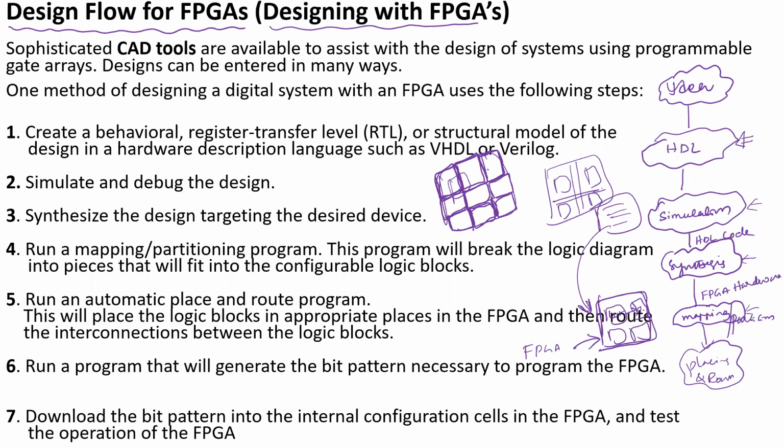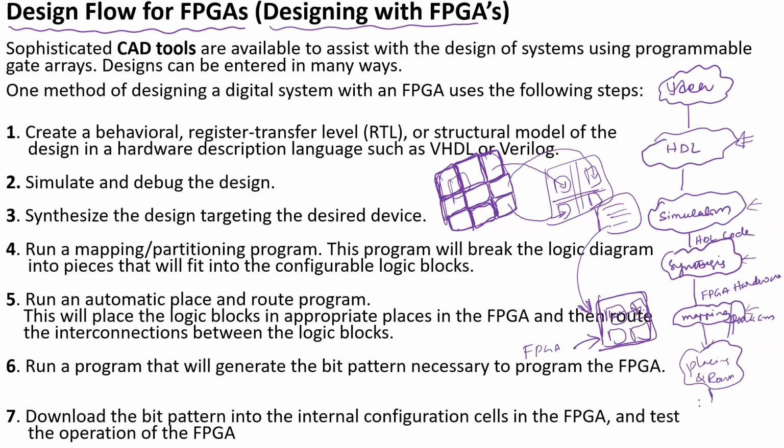One particular part is implemented in this particular CLB, another part in this CLB, and another part in this CLB. That means it is placing your pieces of logic into those particular FPGA components. Is it clear? That is called placing and routing.